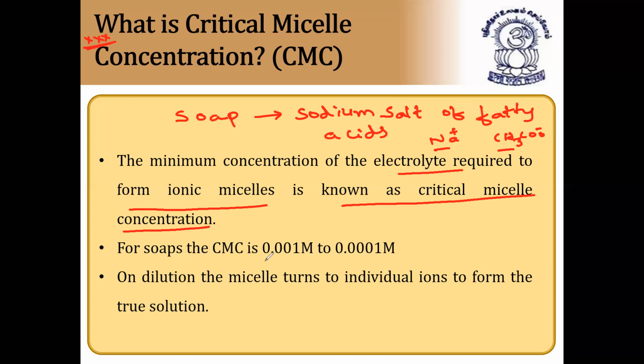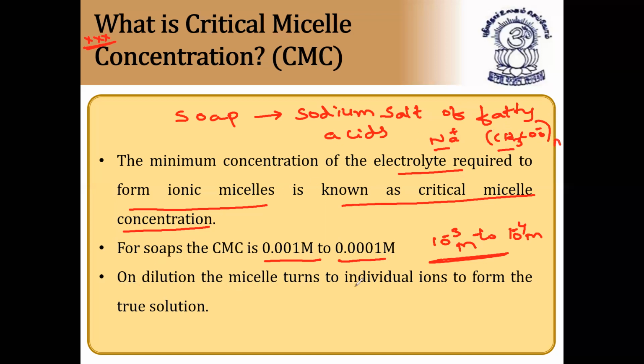For soaps, the CMC is 0.001 molarity to 0.0001 molarity, that is, in the range of 10 to the power of minus 3 to 10 to the power of minus 4 molarity. This is called critical micelle concentration. Soap is the sodium salt of fatty acid, a very big giant molecule.